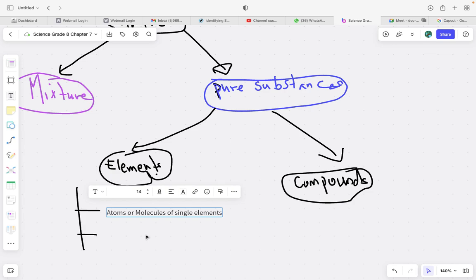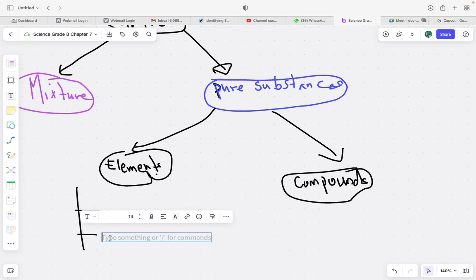Then it's also described by symbols. Elements are described by symbols.